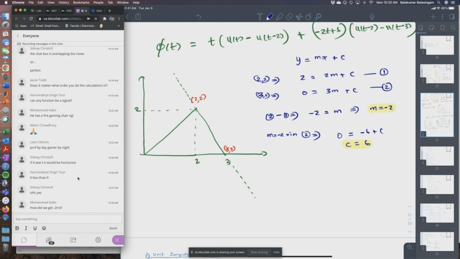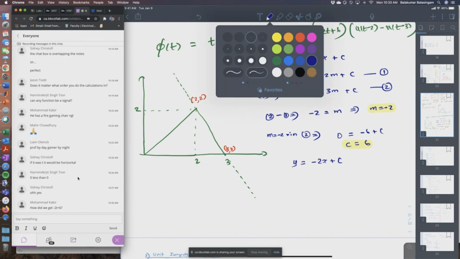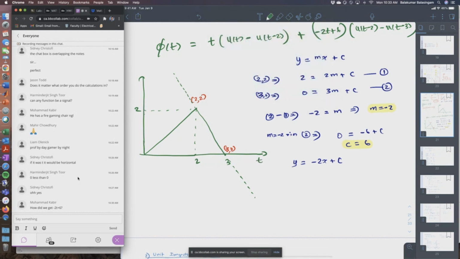So the equation is y is equal to minus 2x plus c. I'm going to change x to t because our axis is t, and I should have used t all along, because we are very used to using x for the x axis anyway. So substituting t for x, y is equal to minus 2t plus 6.